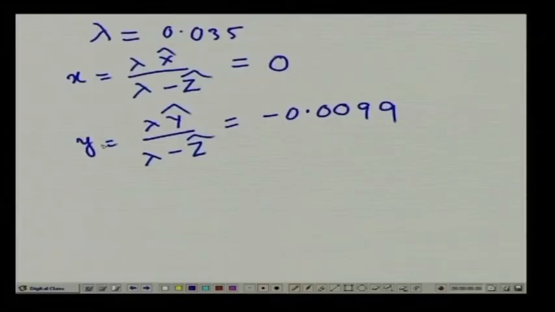So, these are the image coordinates of the world coordinate point that we have considered.